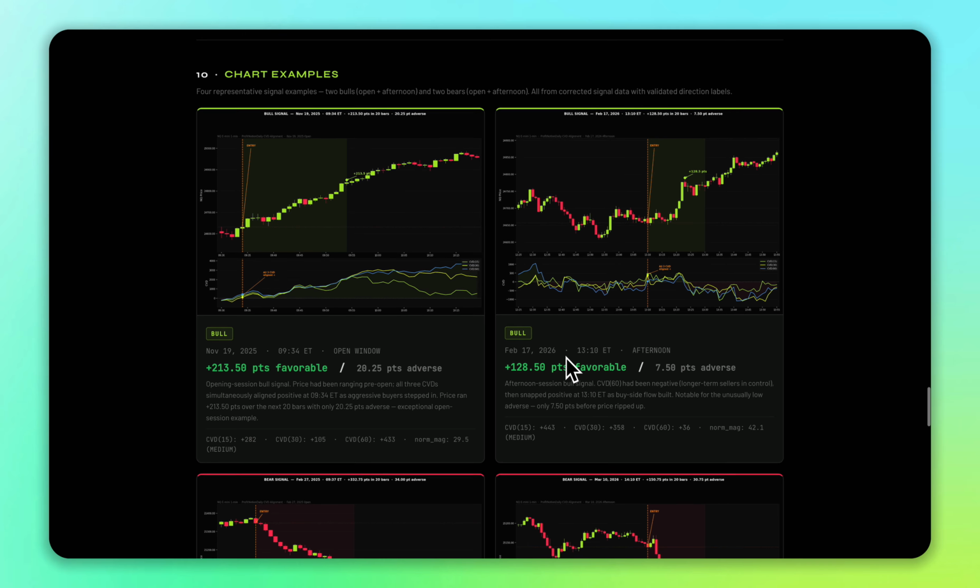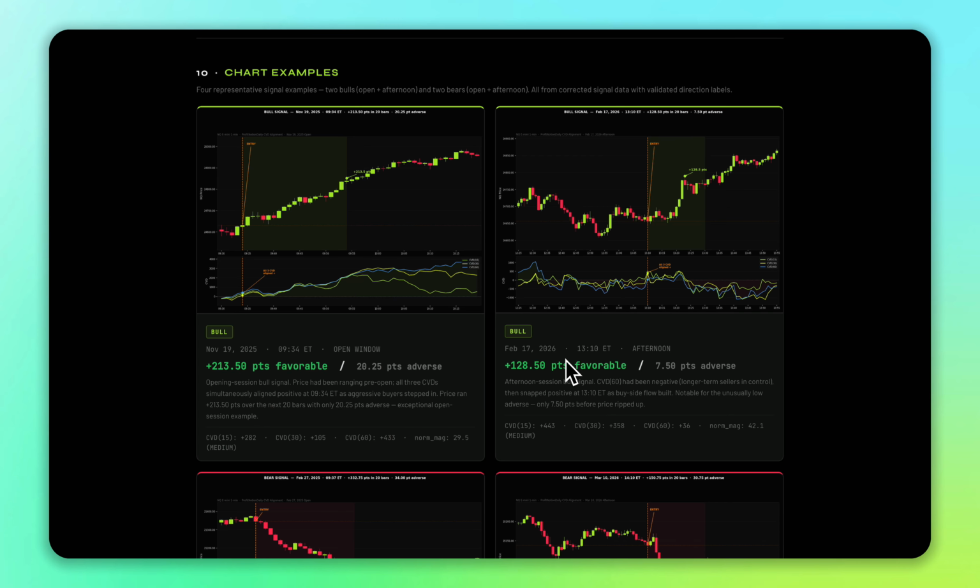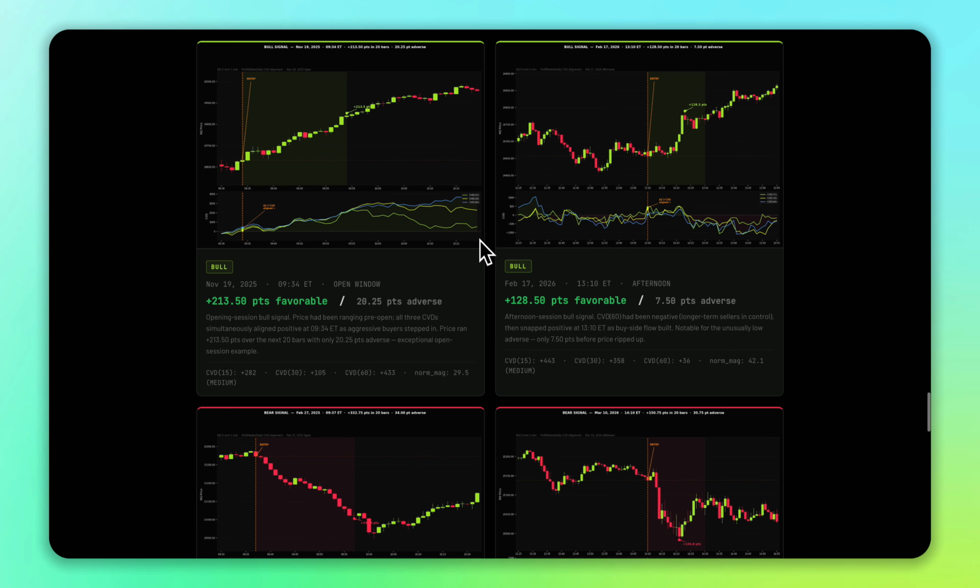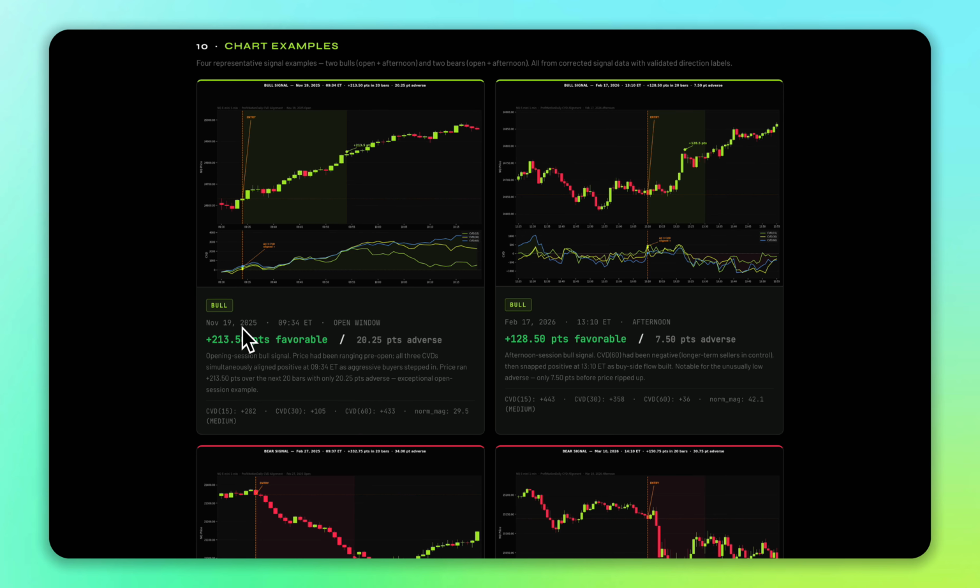And so these are some chart examples. I have personally compared them on my ATAS charts, opened them and made sure they all check out, which is really exciting. In this one on November 19th, you had 213 points in your favor and it moved 20 points against you. This one was good, 128 points.